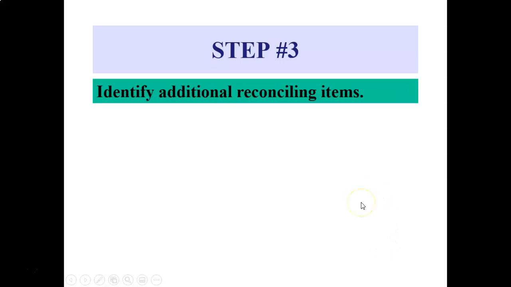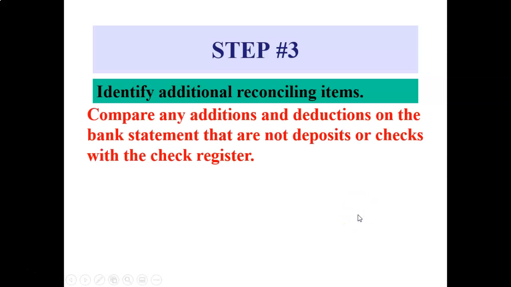Now the third main step. The first step was to go through all the deposit stuff. Second step was to go through all the check stuff. And now step 3 is to just go through everything else that doesn't match between the check register and the bank statement. Okay.